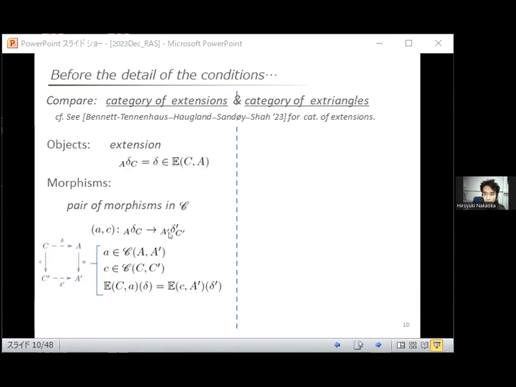Since E is a functor from C^op times C, we can push delta by morphism a, and also pull delta prime by morphism c. So this equality is saying that delta pushed by a is equal to delta prime pulled by c. So it is something like the commutativity of this square.